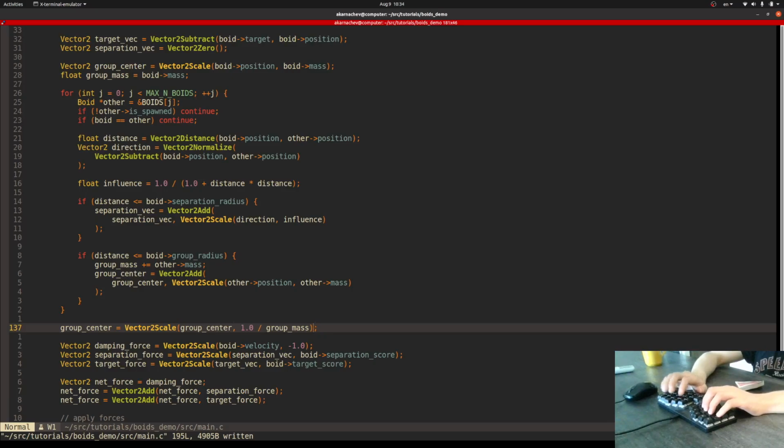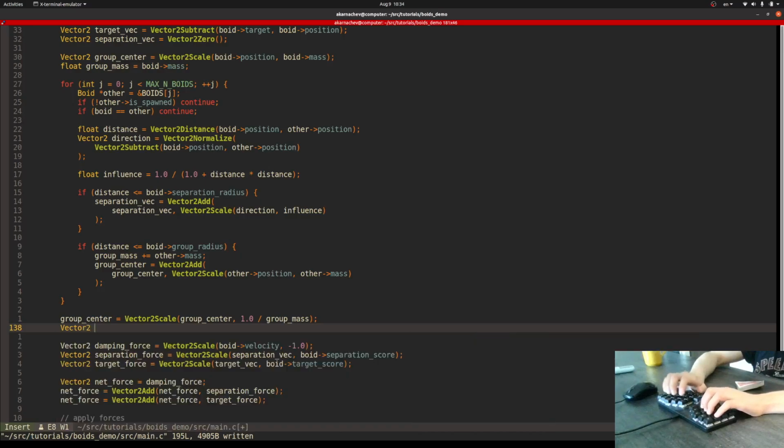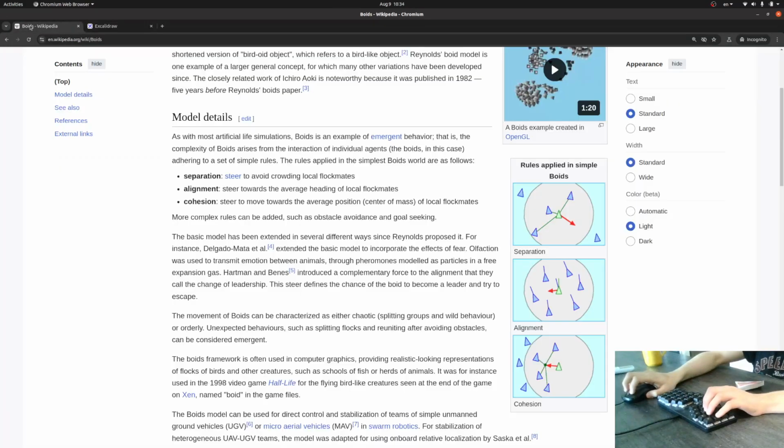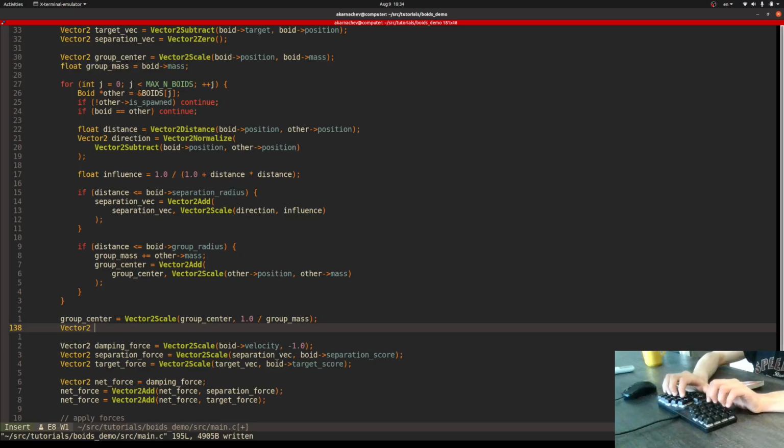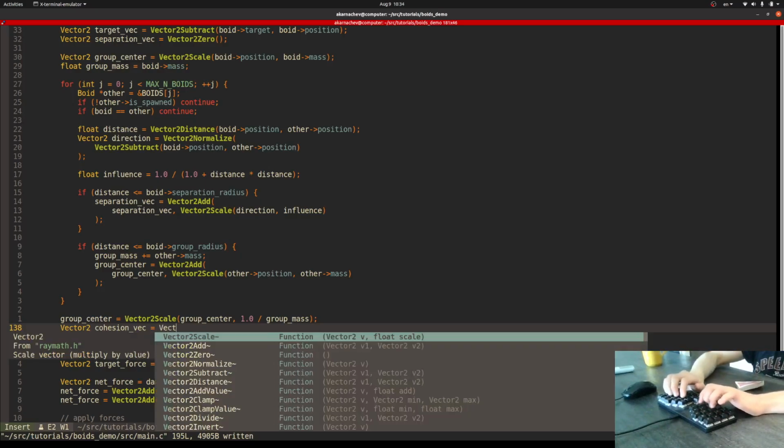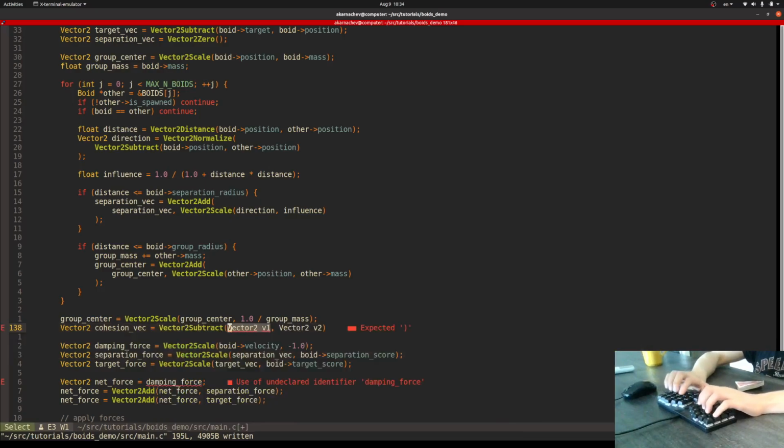And now I can compute the cohesion vector. Okay, cohesion vec is equal to, I want to drive Boid towards the group center. So vector 2 subtract group center, Boid position.